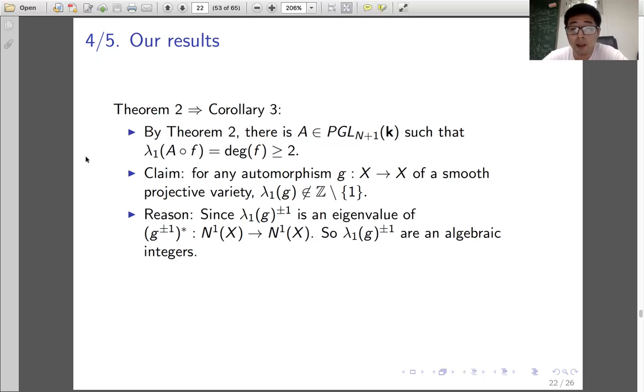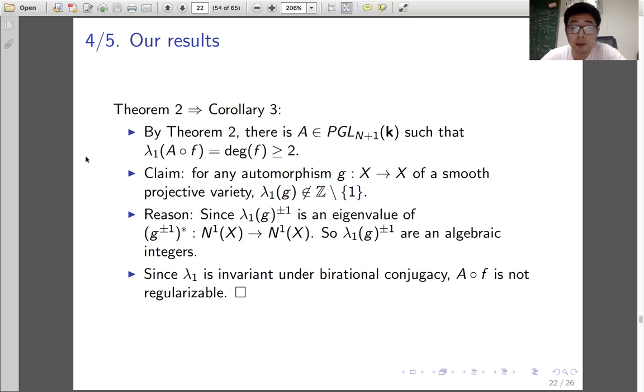So lambda_1(G)^{±1} are algebraic integers. So if lambda_1(G) is an integer greater than or equal to 2, then lambda_1(G)^{-1} cannot be an algebraic integer. Okay, so because lambda_1 is invariant under rational conjugacy, A∘F is not regularizable.